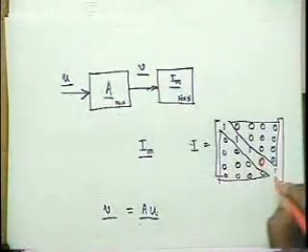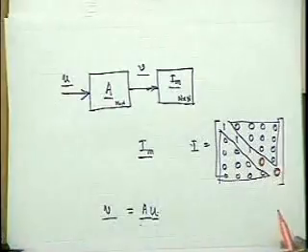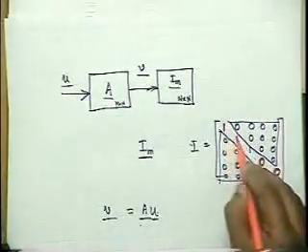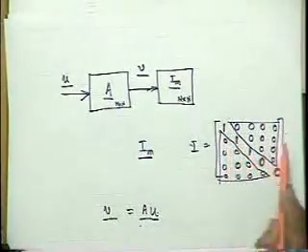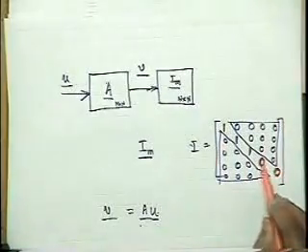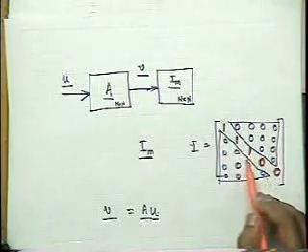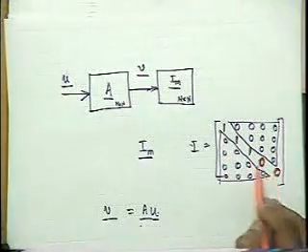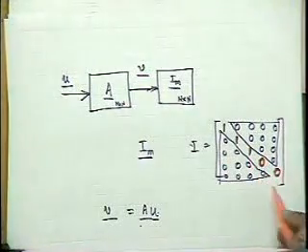Like in this particular case, we will consider it this way: supposing I make this element 0 and this element 0, and the rest of the diagonal terms, that is to say, this is a 5 by 5 identity matrix, in which I have made the first 3 diagonal terms 1 and the last 2 diagonal terms 0.